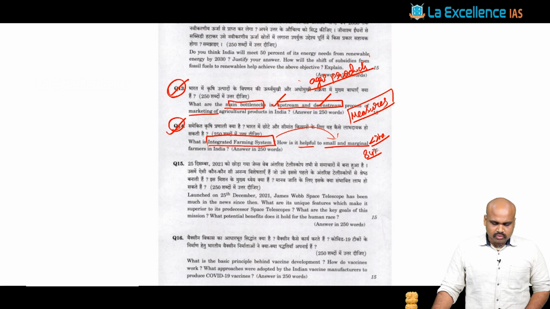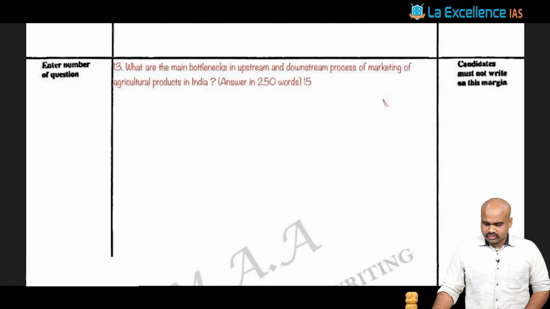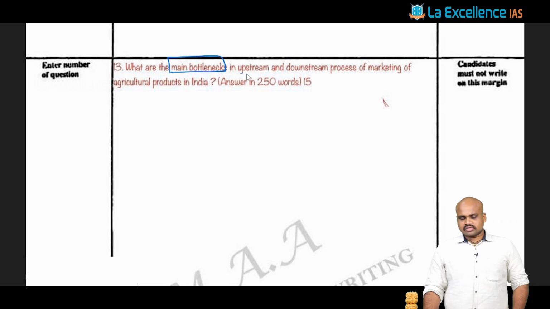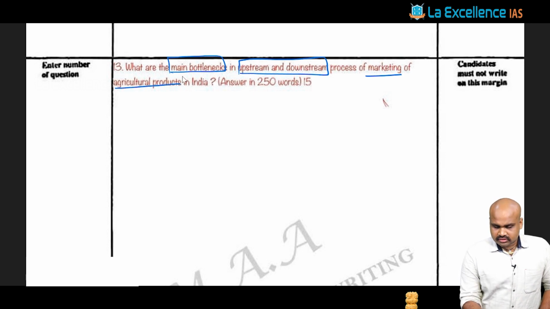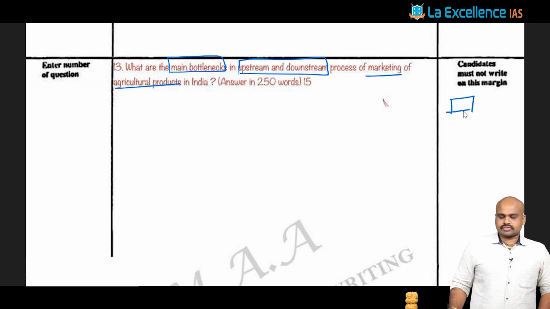Now let's see what structure can be used for such a question. The 13th question is talking about the main bottlenecks, that means challenges, in upstream and downstream process of marketing of agricultural products.